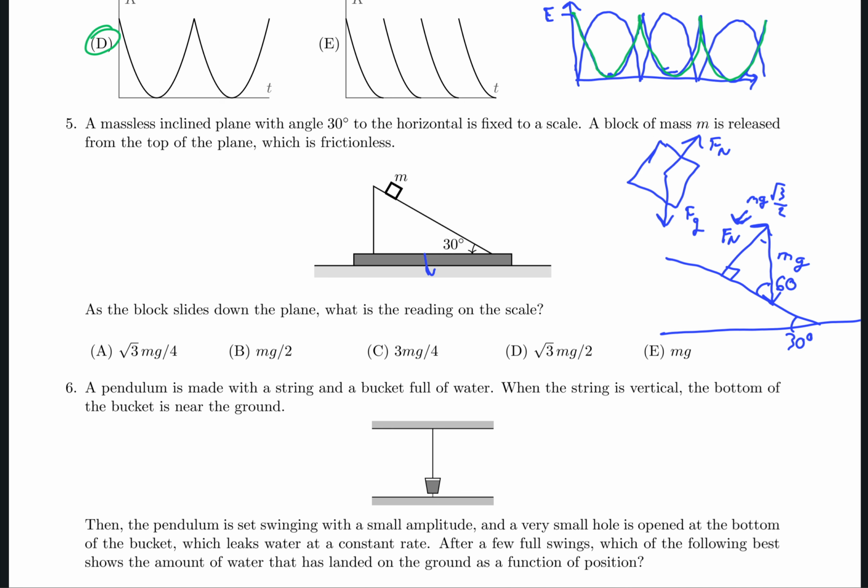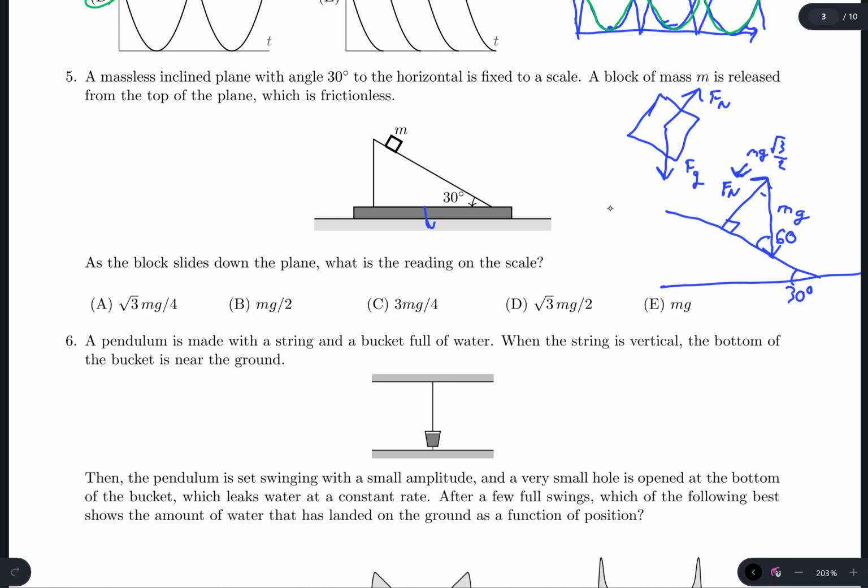Now we've got F_N is mg root 3 over 2, and it goes down like this onto the wedge because they're equal and opposite forces. The force on the mass is equal and opposite to the force that it exerts on the block. The force on the block is equal to the force on the wedge. The wedge is massless, so we don't have to account for that.